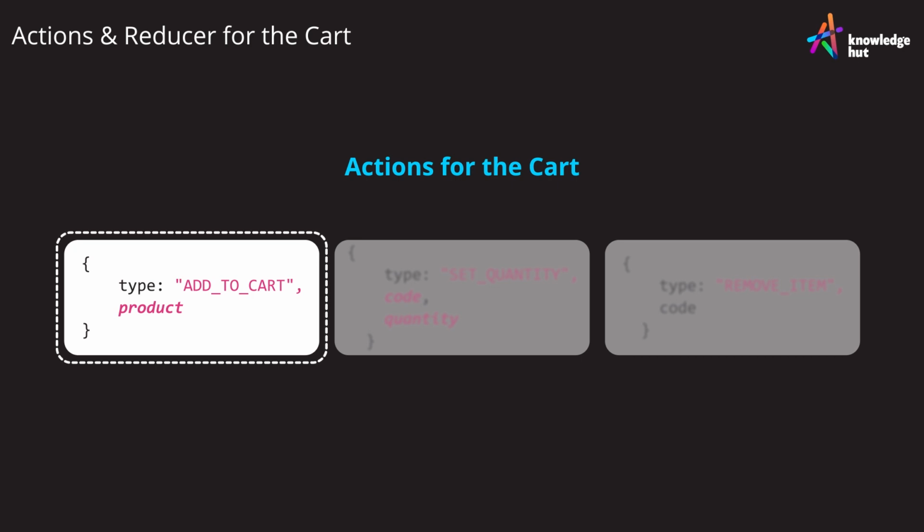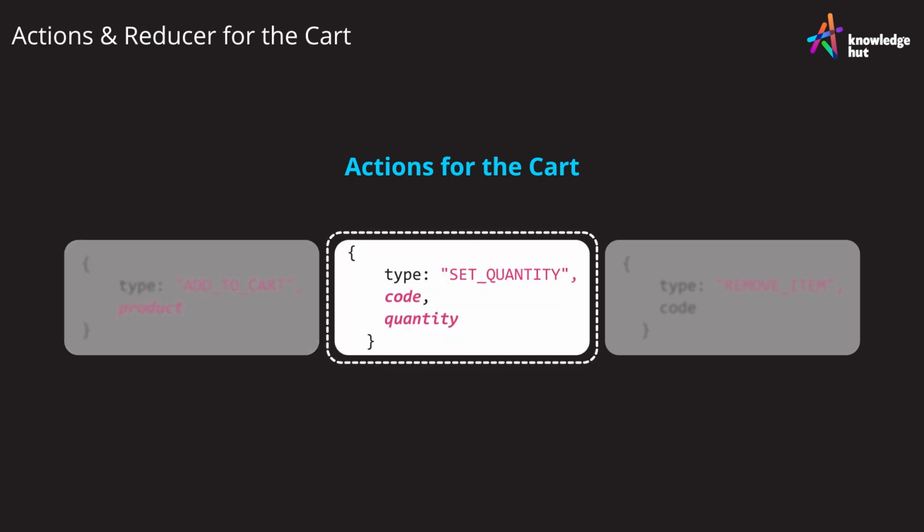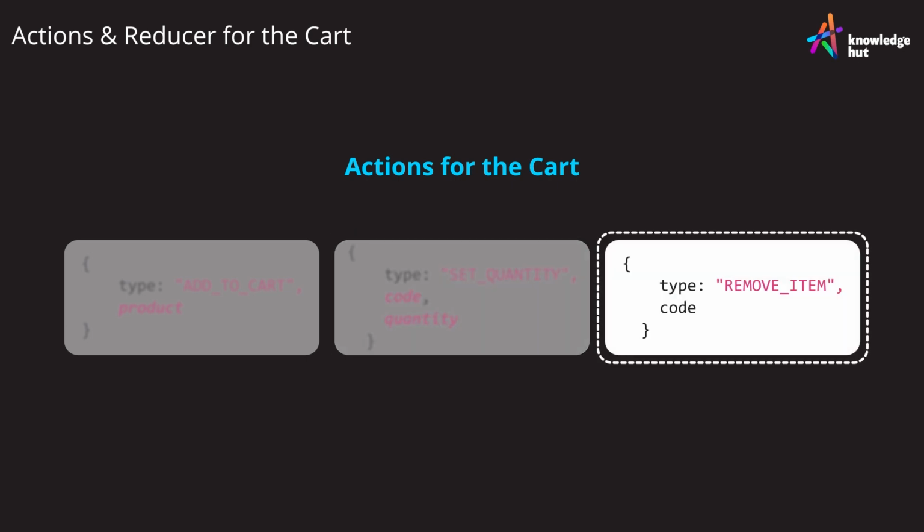If the product already exists, the quantity value should be incremented every time the action is dispatched. The set quantity action should include the product code and a number, and it should not only set the quantity of the product in the items array, but should also recompute the total cost and total products values. The remove item should remove the product from the items array and should recompute the total cost and total product values again.